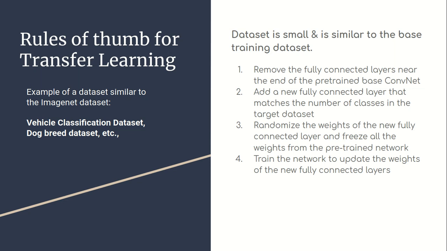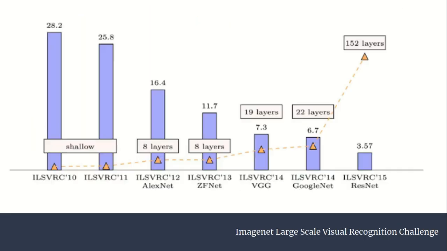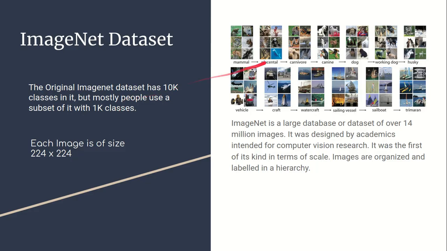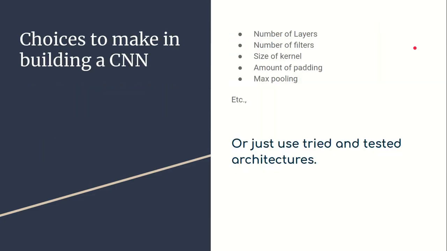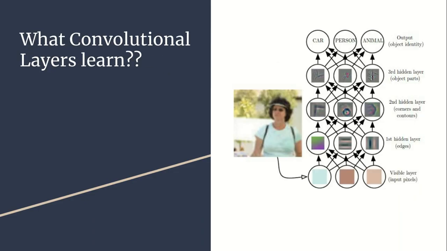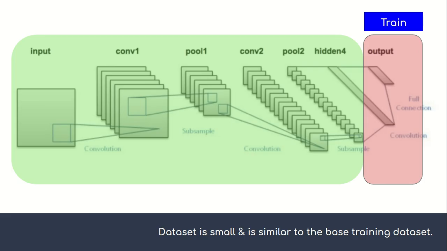That kind of dataset is also very similar to the ImageNet dataset, as the ImageNet dataset also has animals and dogs inside it, right? Hence you can use the feature extractors of the convolution pre-trained models.